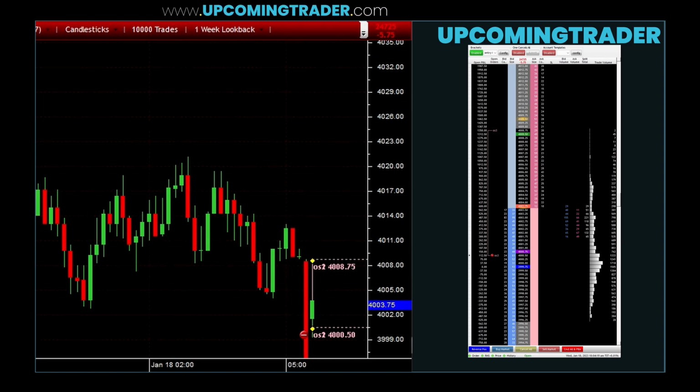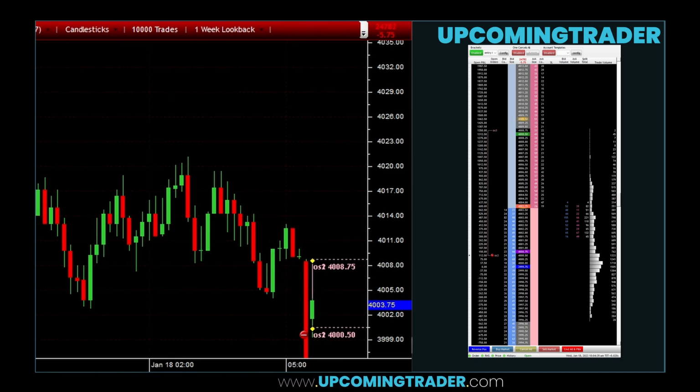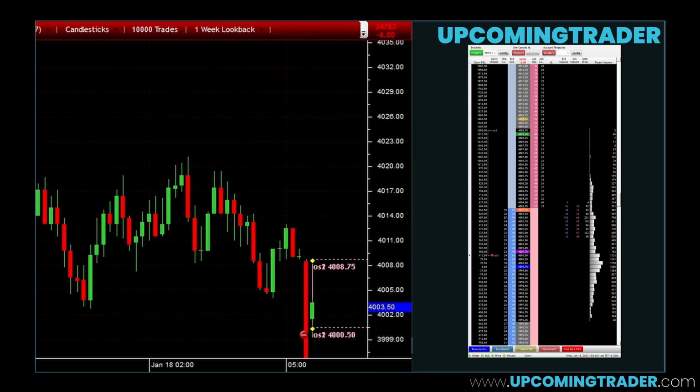When the price tests the same level twice and volume decreases on the second test, it often indicates that the market is losing momentum and a reversal could be near. Conversely, if volume picks up when breaking through support or resistance levels, it shows strong interest and can signal a decisive move.